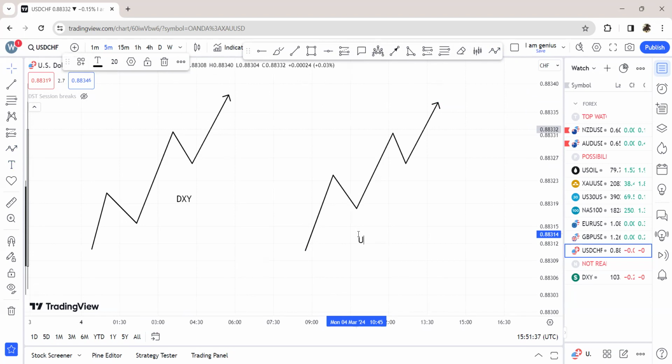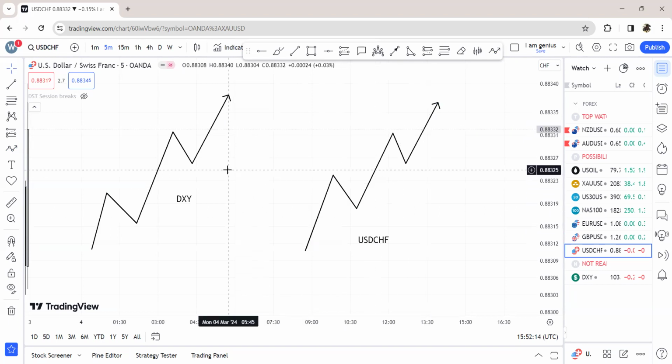So I can just say USDZAR, that's US dollar with the South African rand. You can say USDJPY, USD with the Japanese yen. I'm sure you get the idea. Anything that has US dollar as the base. So USD CHF like that. Anything that has USD as the base, or USD is like the first currency that you're able to see, will also be moving upwards. So in other words, we can come up with a relationship here.